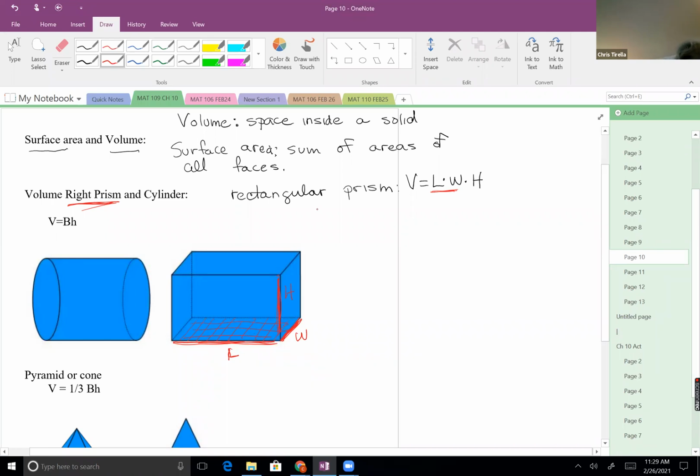And so if I have any prism, and this will also hold true for a cylinder, I'm going to look at the volume as equaling uppercase B times H, where B is the area of the base.